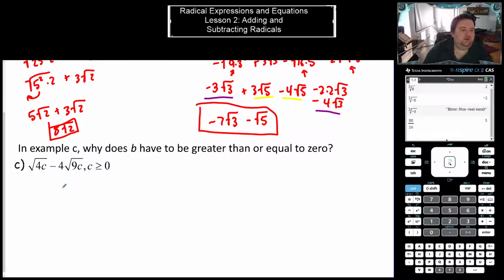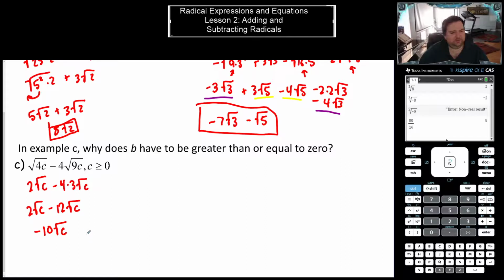Well, this is going to be 2 root C minus 12 root C. This is negative 10 root C. Why does this C have to be greater than or equal to 0?